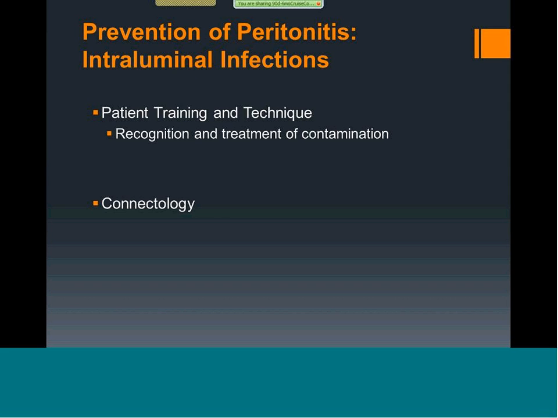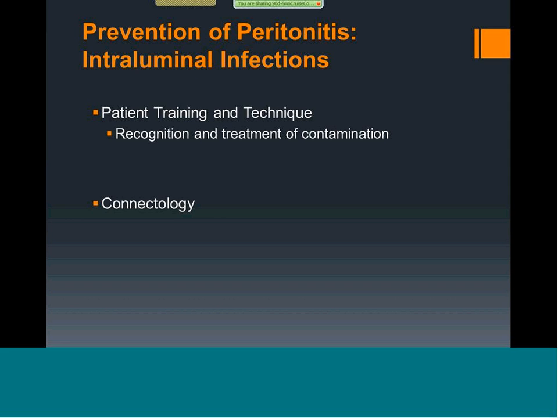I also want to emphasize that there are points in time when retraining a patient is important. For example, if the patient was admitted to the hospital for 2 or 3 months, received dialysis support in the hospital, and has now forgotten the steps, they may need to be retrained. We also retrain patients that get episodes of peritonitis frequently.